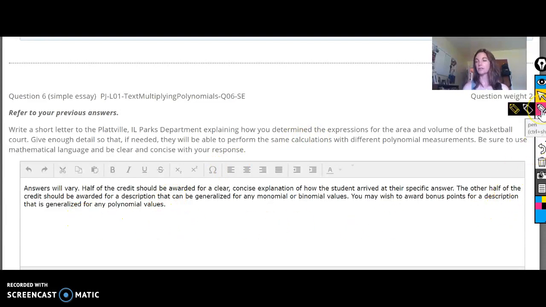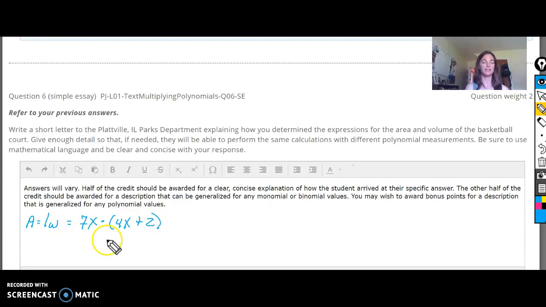So this would be something like, Dear Platteville Department, and I'll let you type this in, but here are the formulas that we used. Area equals length times width, okay? And so we did 7x, and we multiplied it by, what was that? 4x plus 2, I believe.